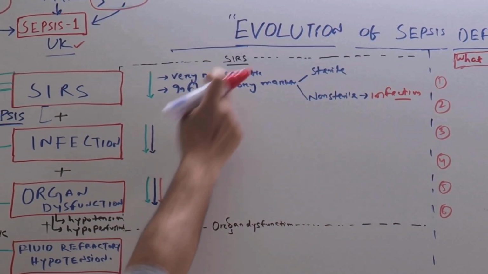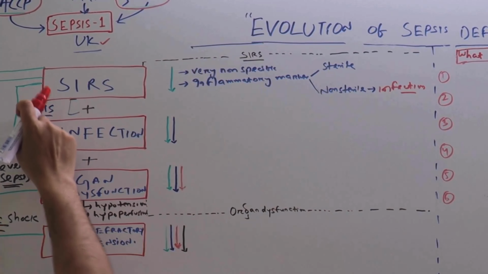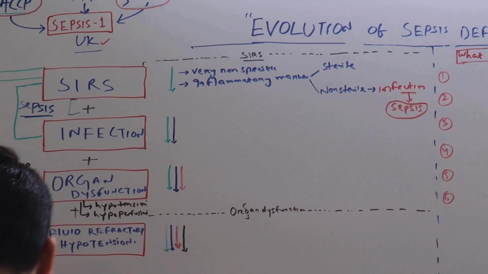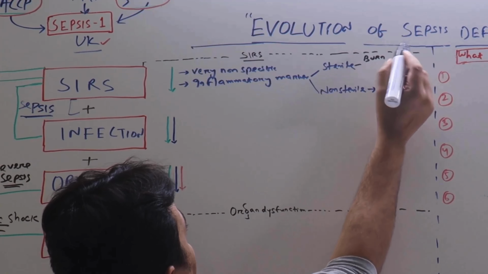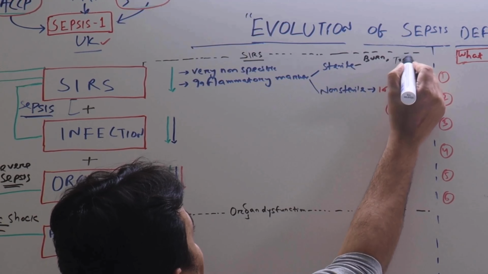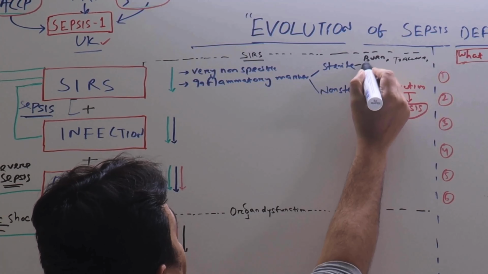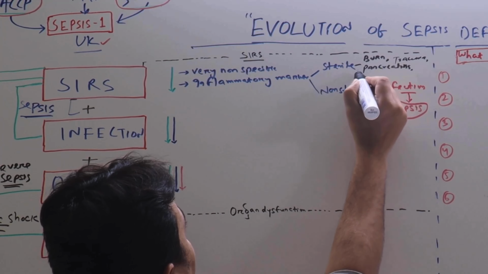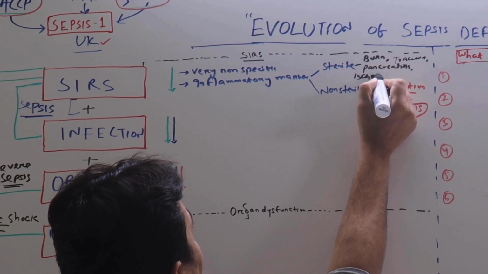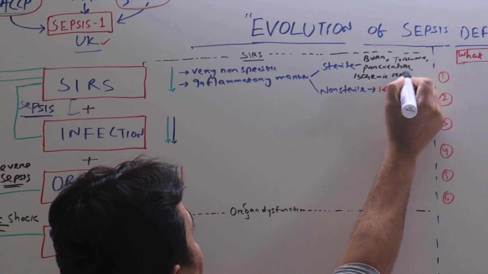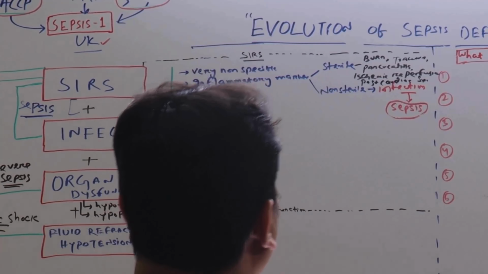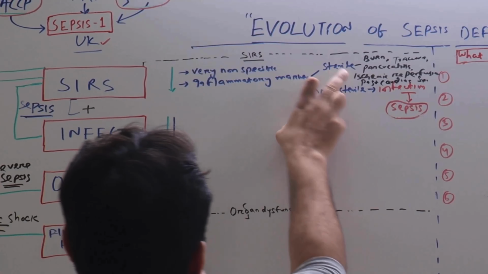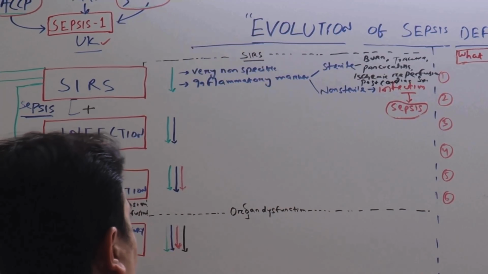And this they called SIRS with infection, which is sepsis. The sterile sources of increased SIRS are burns, trauma, pancreatitis, ischemic reperfusion, and post-cardiac surgery patients. So these are the sterile inflammations which cause SIRS to be positive.